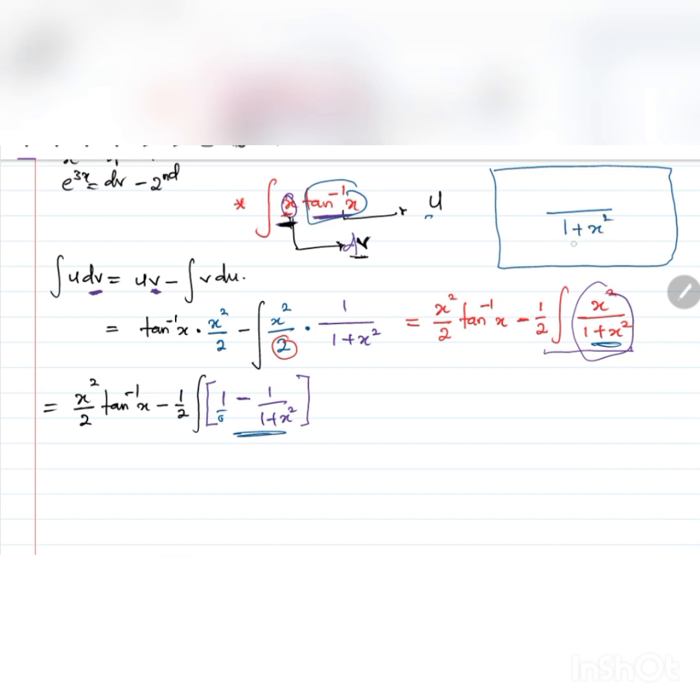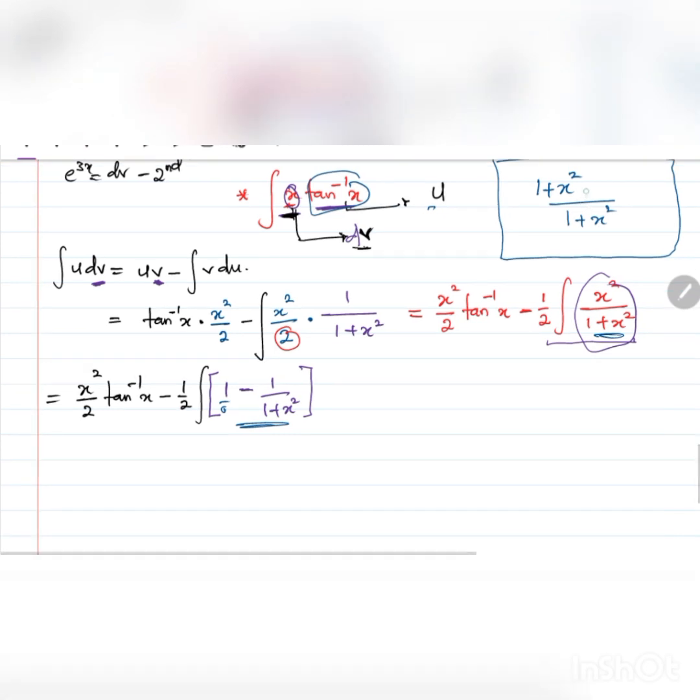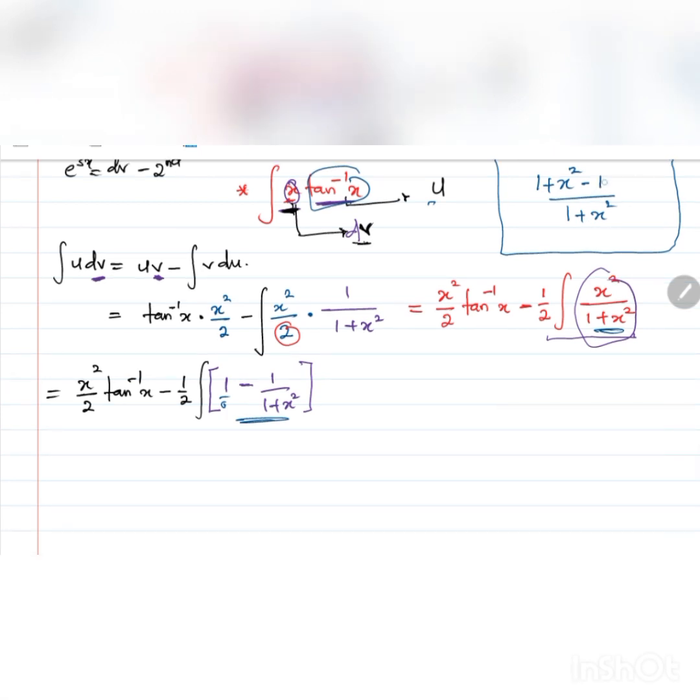That gives 1 plus x squared minus 1 over 1 plus x squared; the 1 eliminates the 1, leaving x squared over 1 plus x squared. So it is correct.